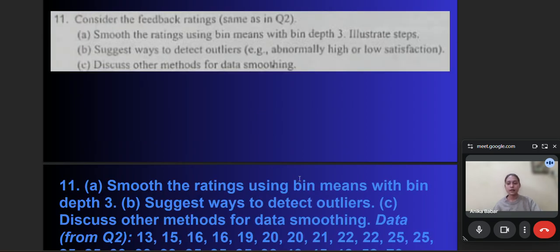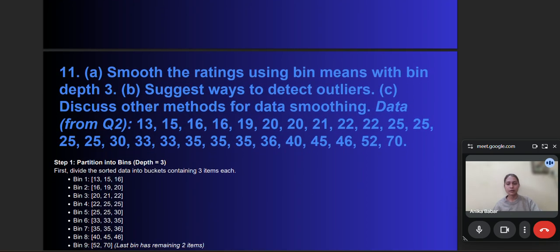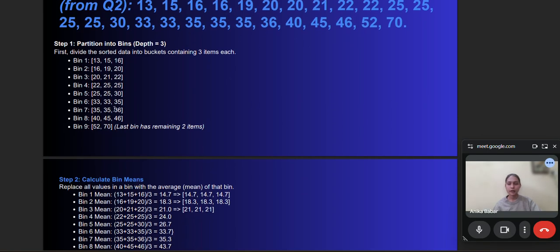Next, question 11. In this, we are first going to smooth the ratings using bin means with bin depth 3. B, suggest ways to detect outliers. C, discuss other methods for data smoothing. So we have given the data.